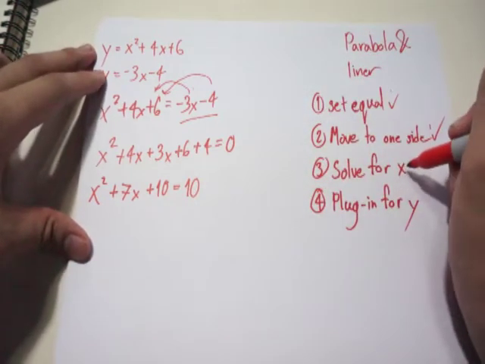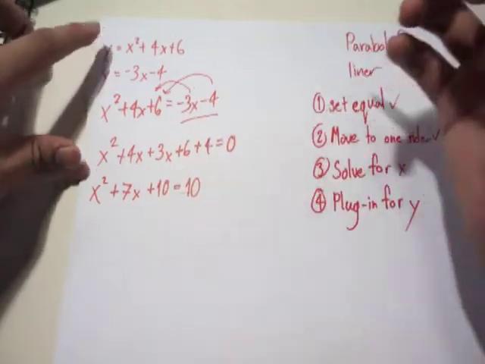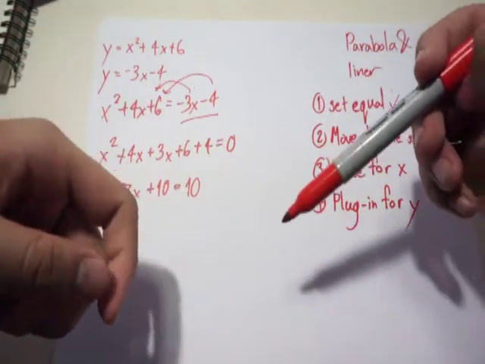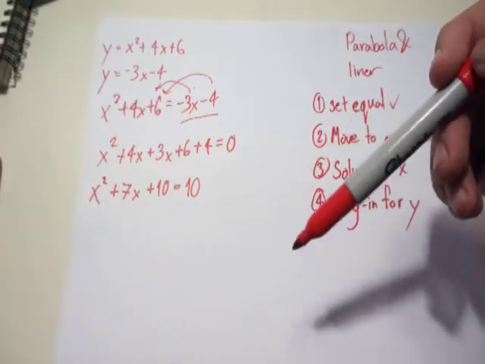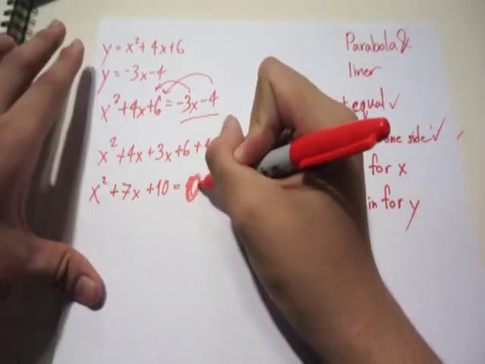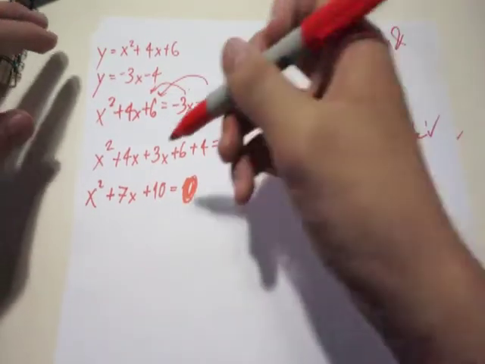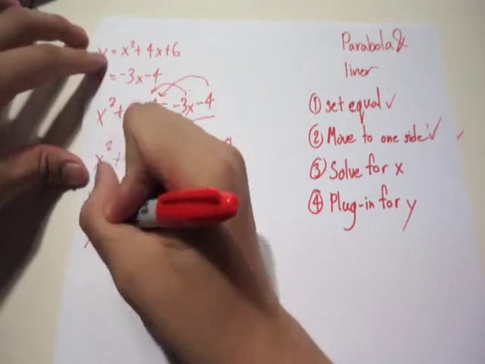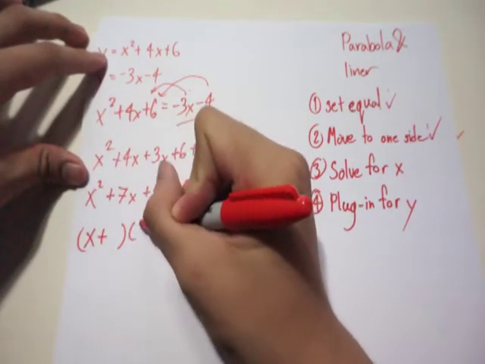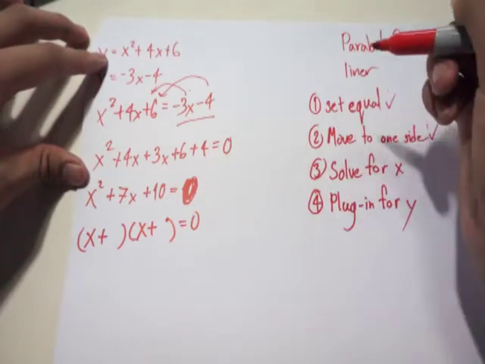And we're gonna solve for x. So we got this. You can either use the quadratic formula, but I'm gonna use factoring because it's faster for me. Oops, sorry, it's 0, not 10. Okay, I'm gonna solve for x. It's gonna be x plus something, and then x plus something, and it equals 0.